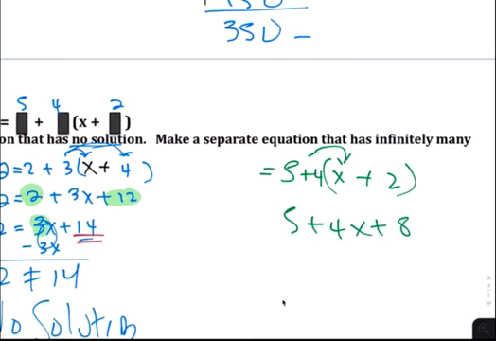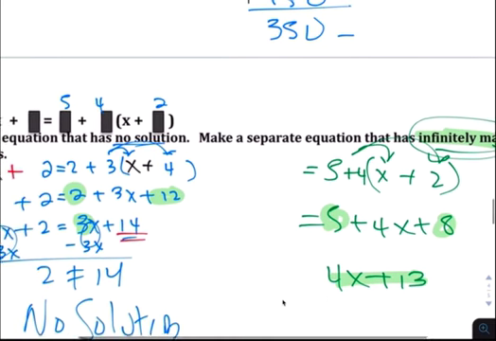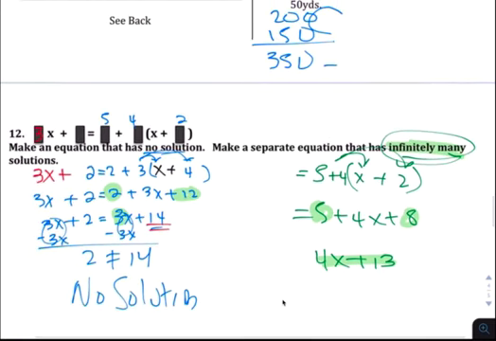You distribute that. Combine the like terms. 4x plus 13. Infinite solution, infinitely many. Everything is the same. So this must be 4x plus 13.